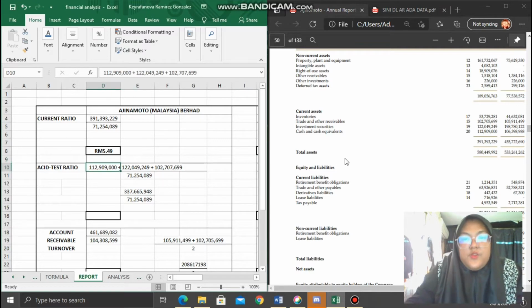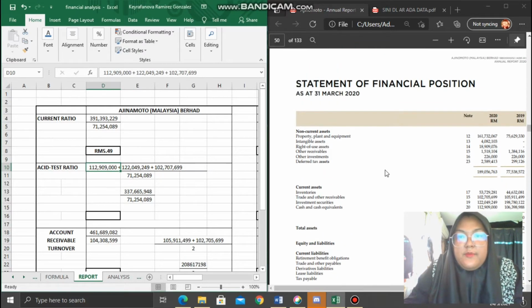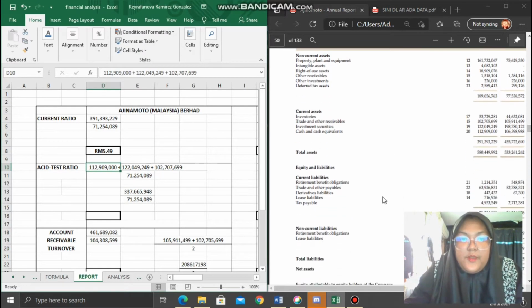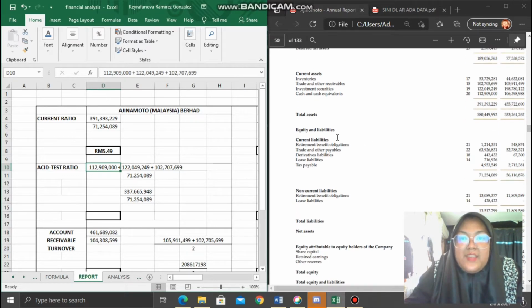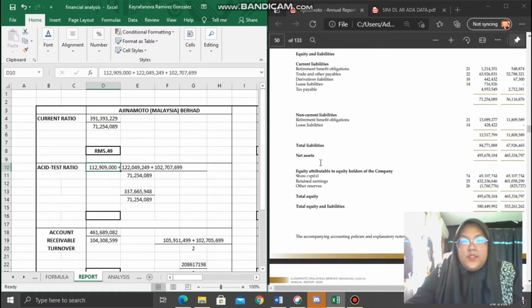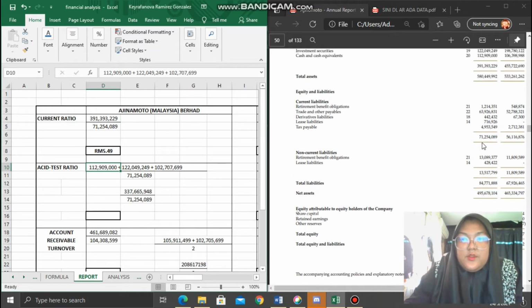These are the totals that can be found from the statement of financial position, which is cash 112,909,000 added with 122,049,249 plus 102,705,699, and we divide by the current liability, which is 71,254,089.